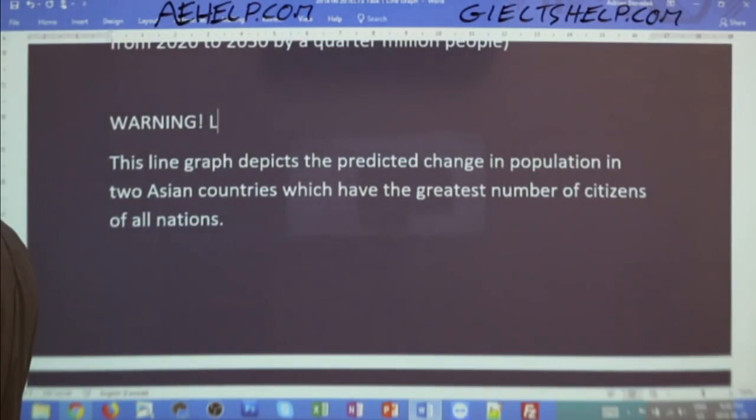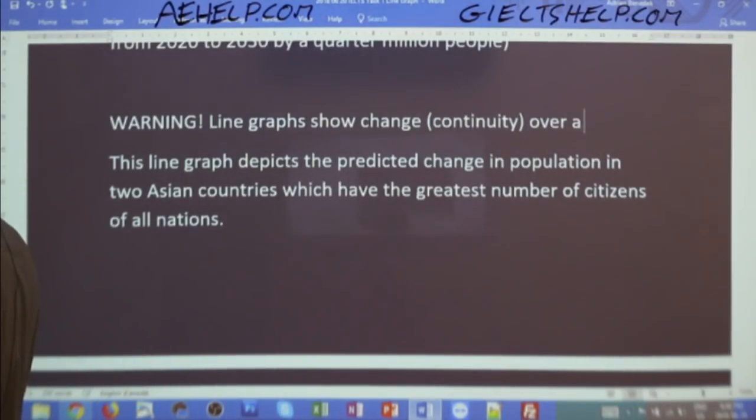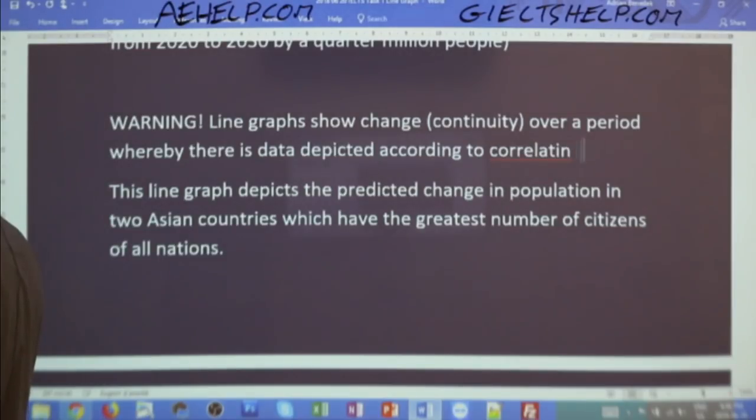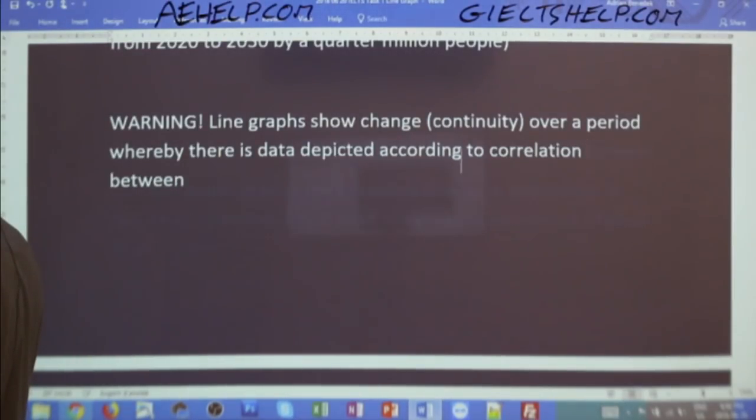Line graphs show change or continuity over a period, usually time, whereby there is data depicted according to correlation between two variables, x, y axis, right?